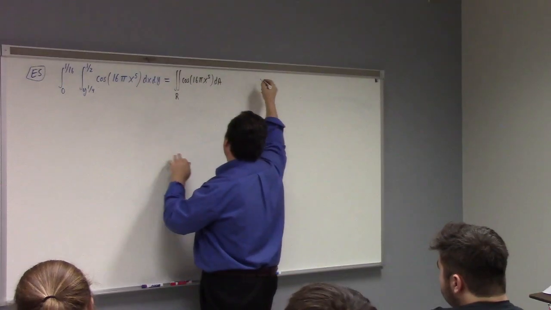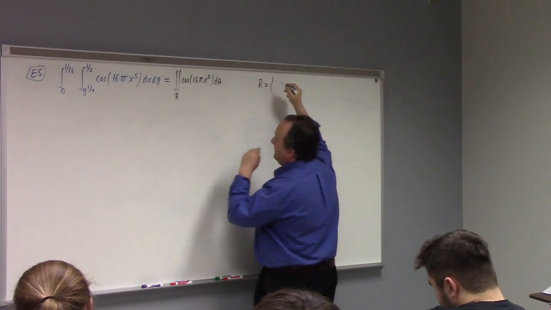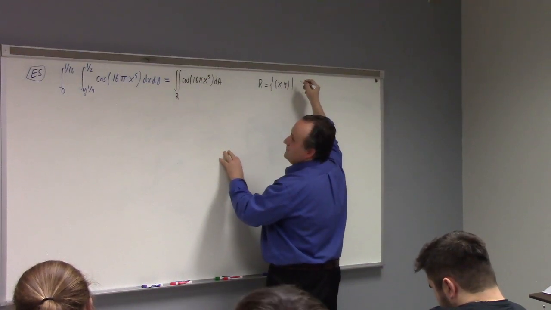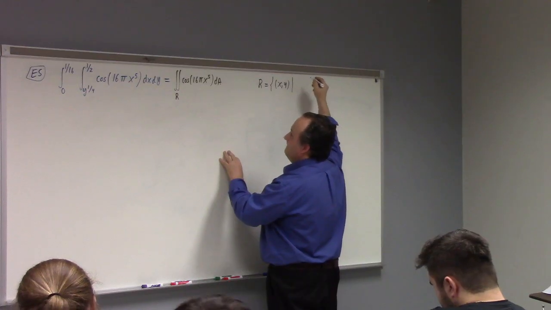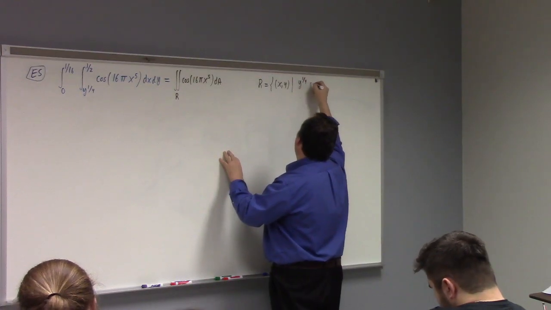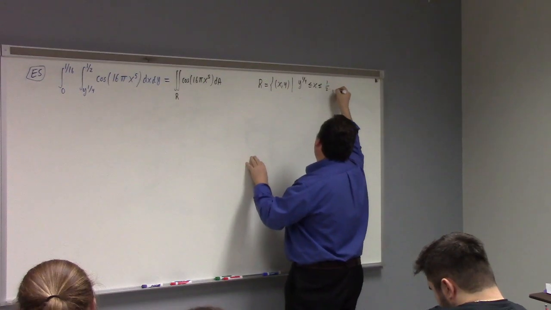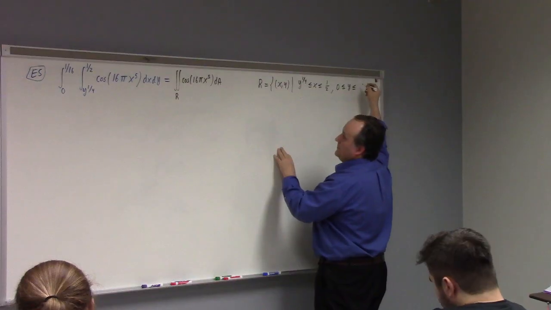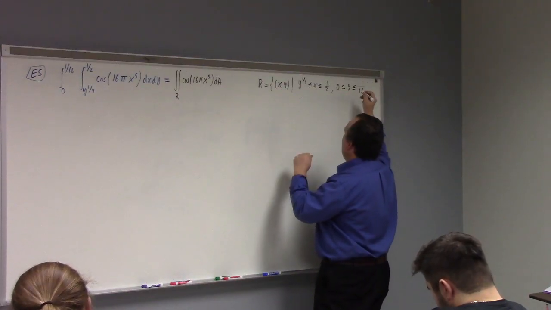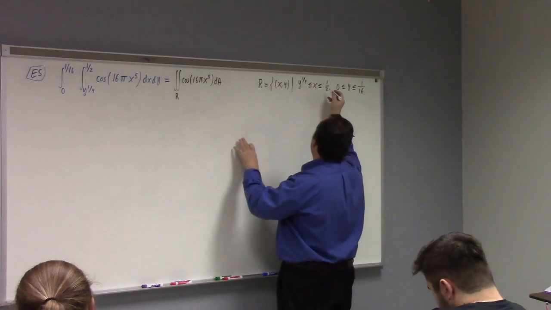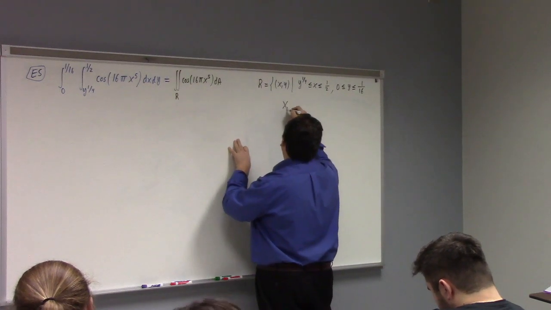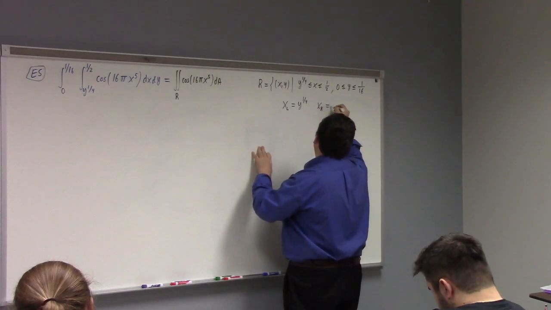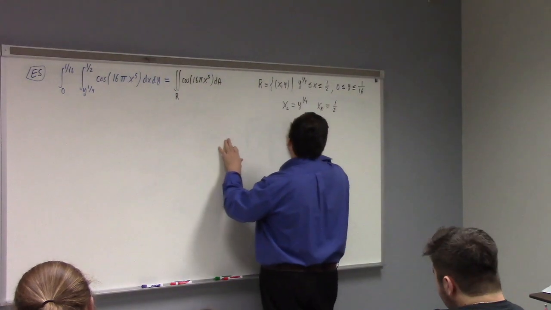The question is, what's the region? Well, it's x comma y such that what? And how about y? 0 is less than or equal to y. Very good. So right here, apparently, the left x is y to the 1/4 power, and the right x is 1/2.